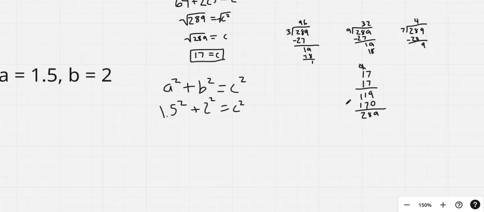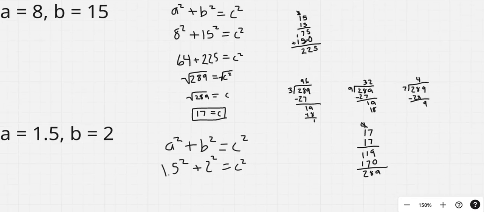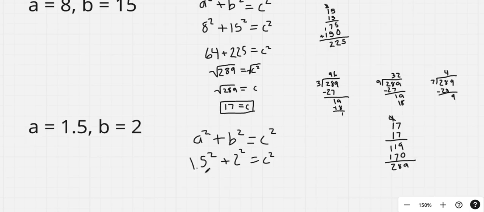Now earlier we did 15 times 15, which is 225. And 1.5 times 1.5 is going to give us 2.25. Plus 2 squared is 4, which equals c squared.